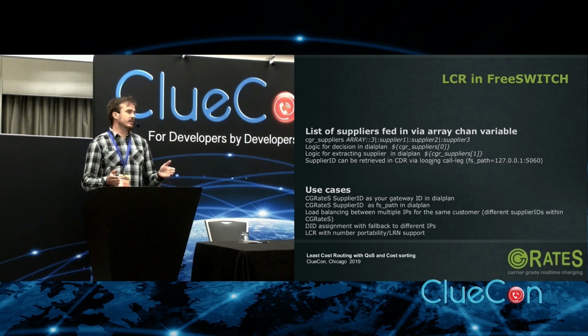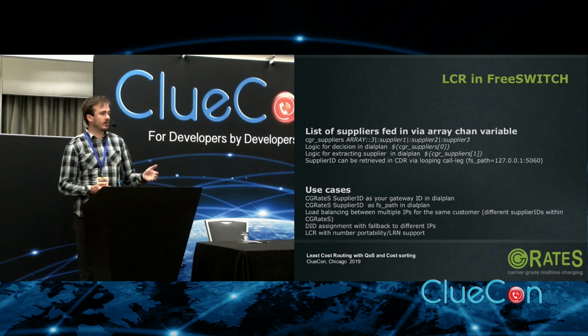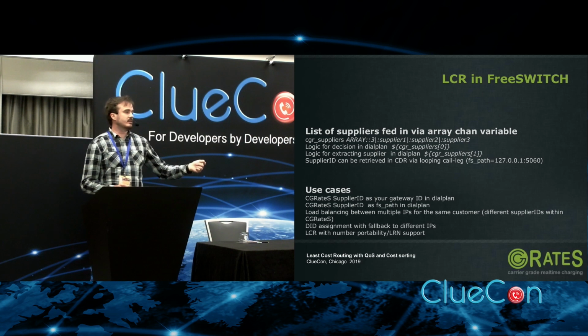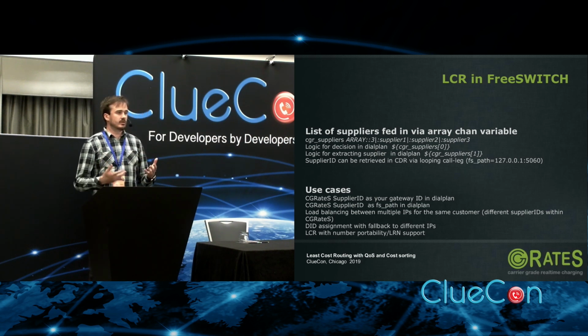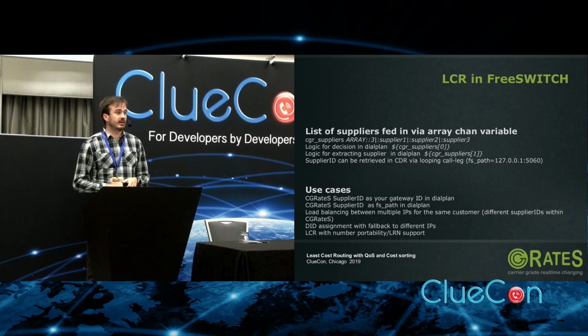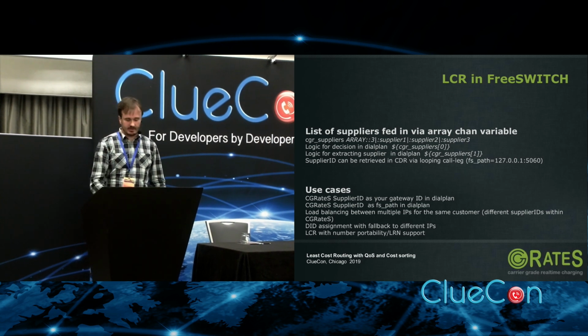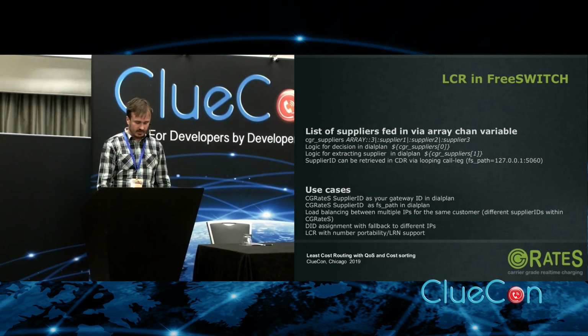You can either inject somehow the supplier ID to show up in your CDR, or you can loop again. We tend to do that without RTP over a private SIP profile in order to get another CDR with the supplier ID, because we can pass the supplier ID via SIP channel variables.